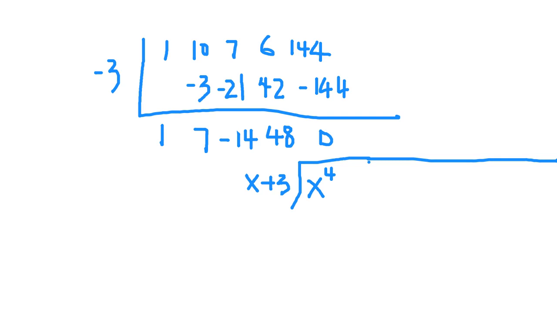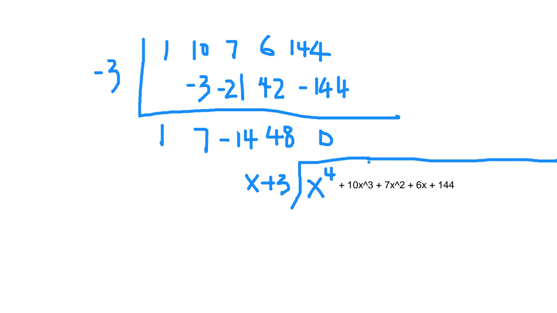Plus 10x raised by 3 plus 7x squared plus 6x plus 144, right? You put this way.